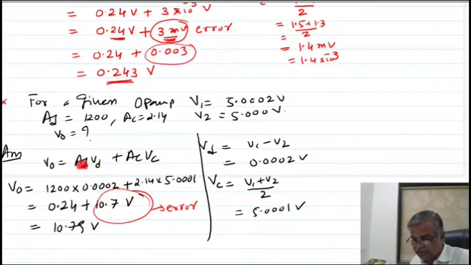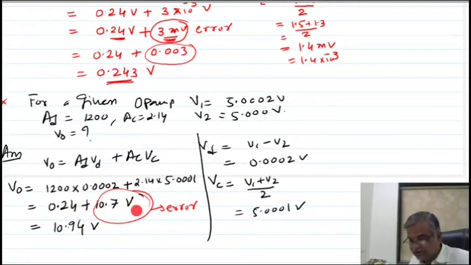If VD you know, VC you know, I put the value. So due to differential input signal, your output is 0.24 volt. Due to common mode signal, output is 10.7 volt. Actually your meter should read only 0.24. But due to common mode signal, it reads 10.94. So error is too large.